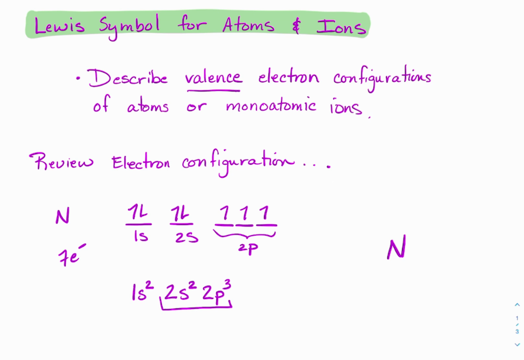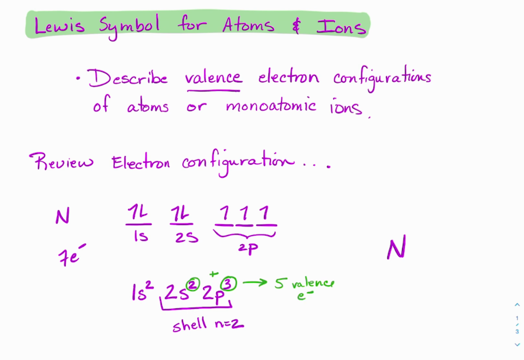And so the outer shell in this particular element happens to be n equals 2. And so we'll take all the s and p subshells, add together all the electrons in all the orbitals, and that's the number of valence electrons. So this is 2 plus 3, and that gives us a value of 5 valence electrons.